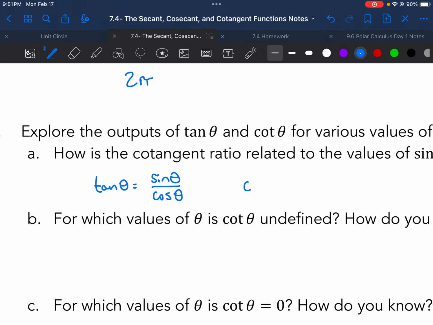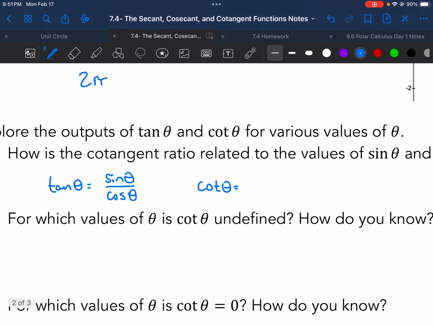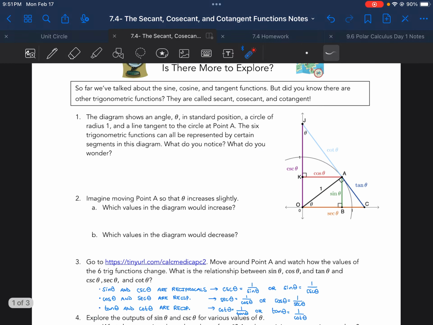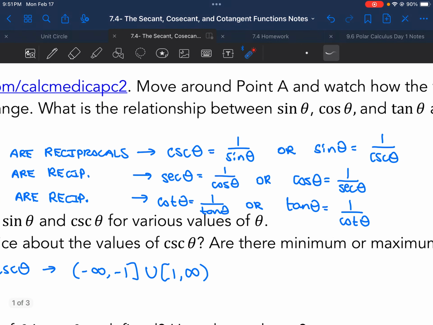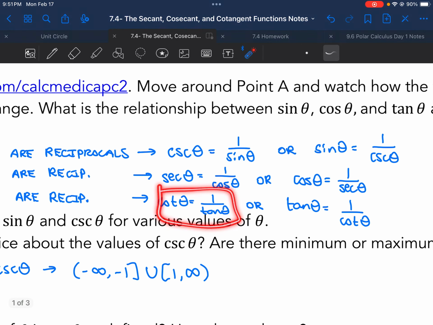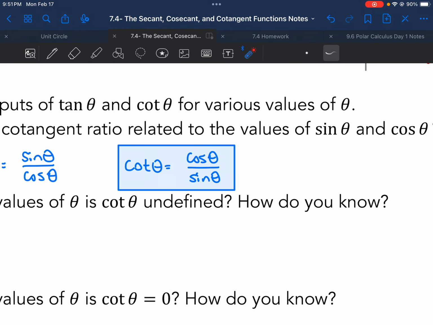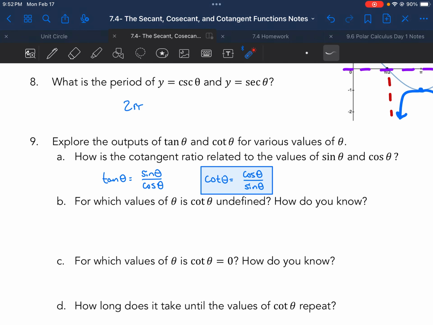So then the cotangent of theta, since cotangent is tangent's reciprocal, the cotangent of theta would be cosine divided by sine. Okay, so we listed on here, cotangent is 1 divided by tangent, and that's true. But another way to look at it is cotangent is also cosine divided by sine.